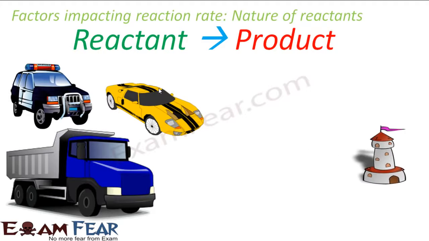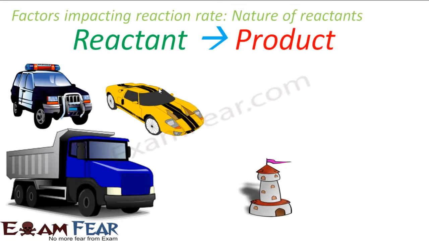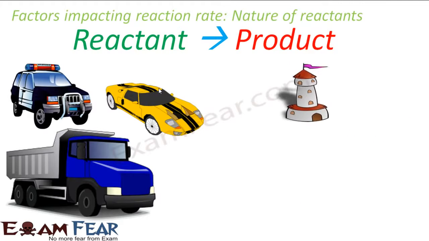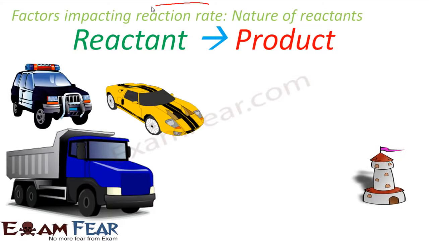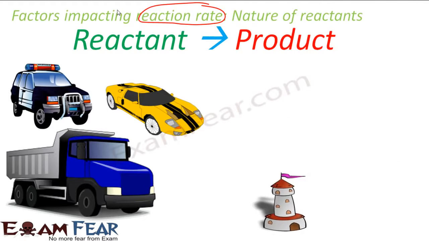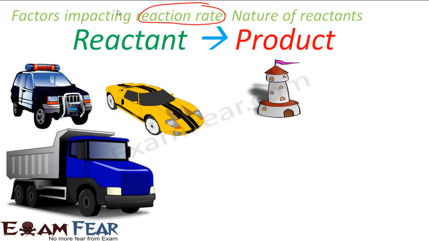And a fast reaction, hydrogen plus oxygen gives water, it's a very fast reaction. So if you see, the reactant type is determining the rate of the reaction. It is the eagerness of the reactants, or how vigorous the reactants are to form product, that determines the rate of the reaction.